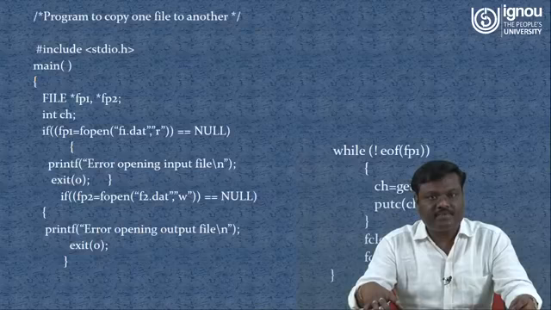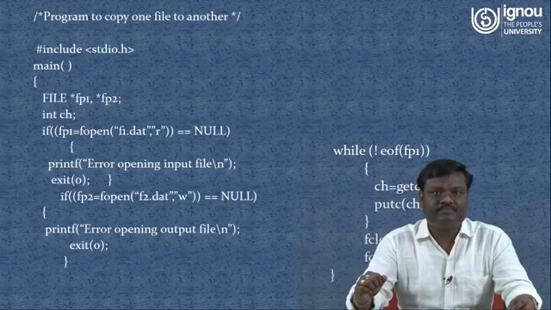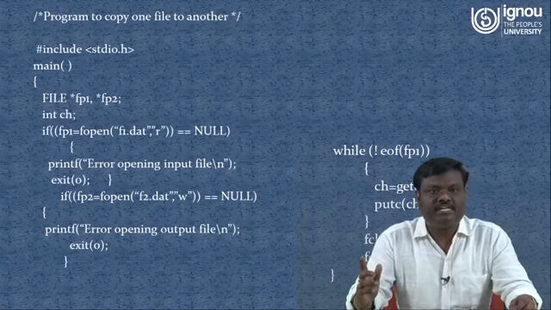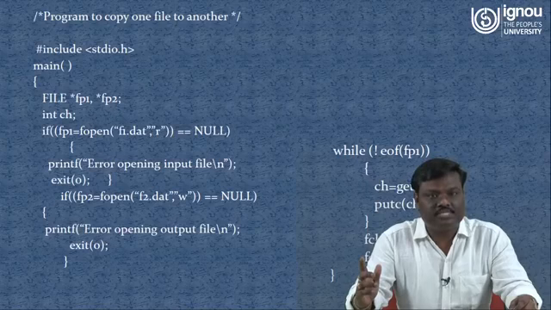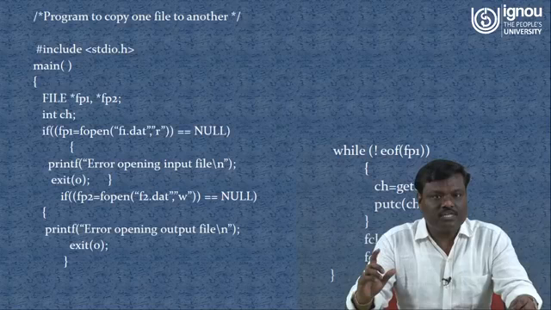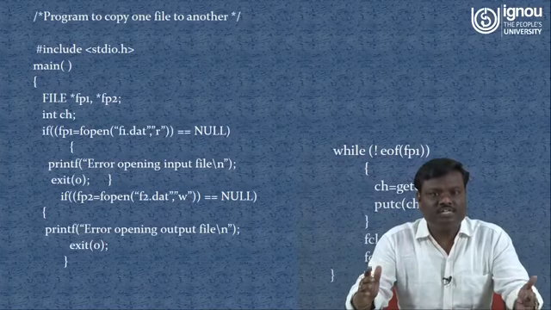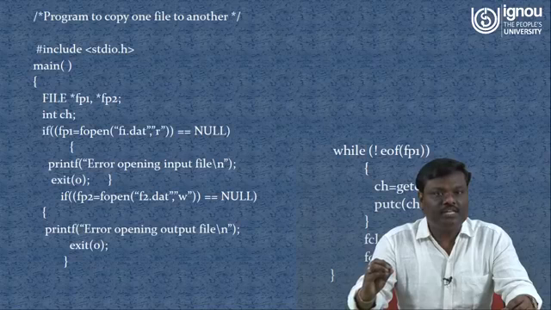Let us see an example program. Include, and this main program consists of two file pointers, fp1 and fp2. A caution statement is written there: if there is no file, error opening the input file.